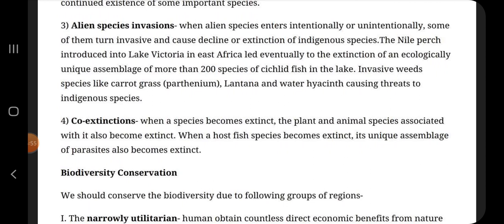Other examples are carrot grass, Parthenium, Lantana and water hyacinth, which cause threats to the indigenous species. And the fourth reason is coextinction. When a species becomes extinct, the plant and animal species associated with it also become extinct. When a host fish species becomes extinct, its unique assemblage of parasites also becomes extinct.